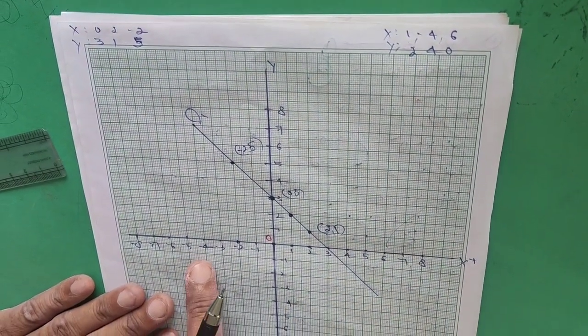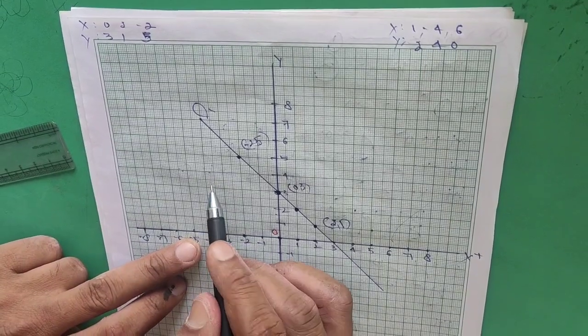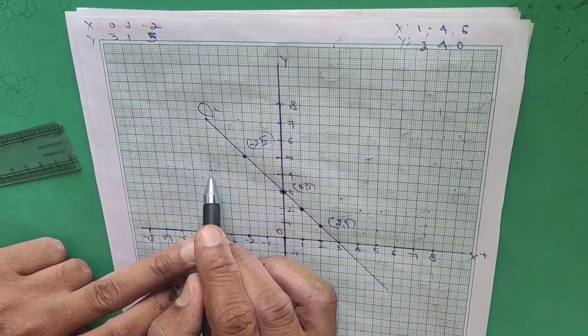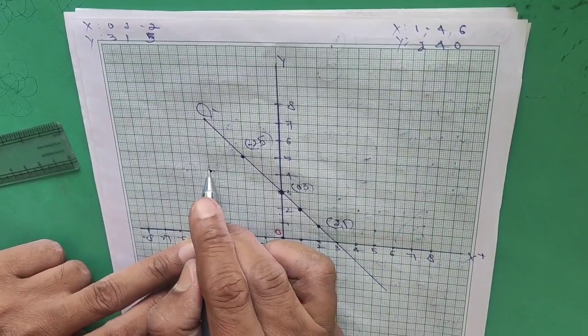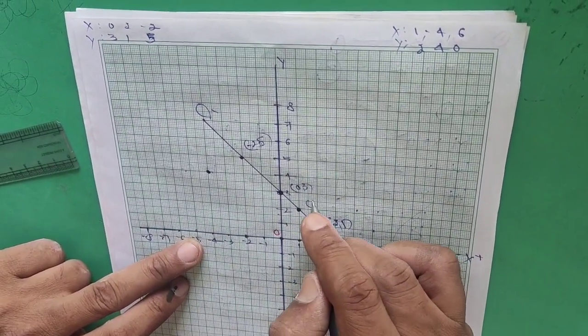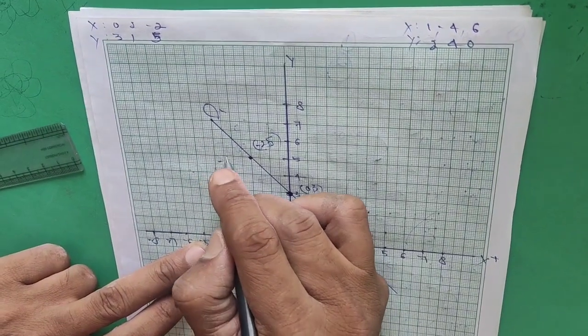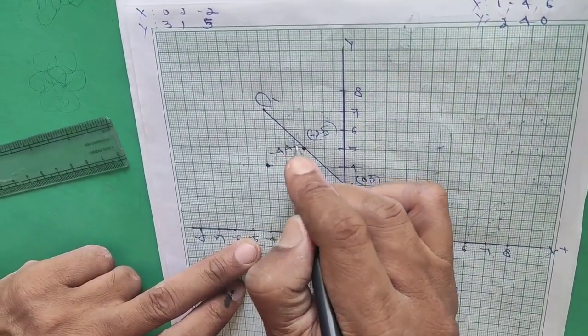X is minus 4 and y is plus 4. So the second point is here.